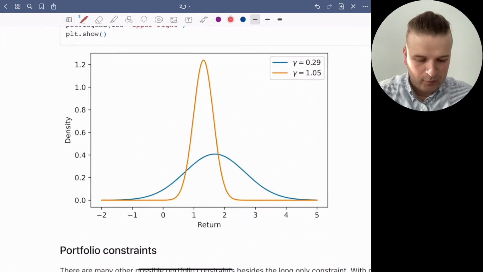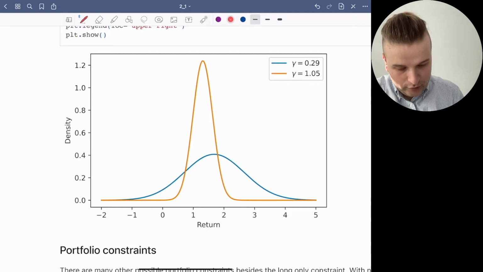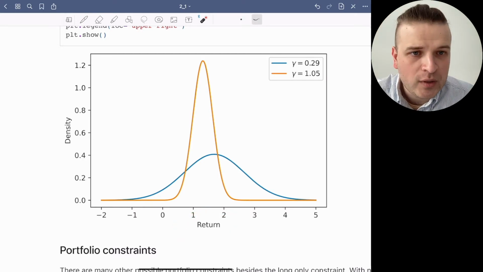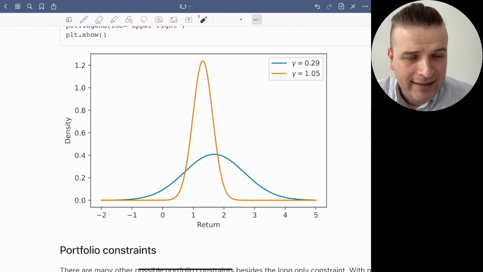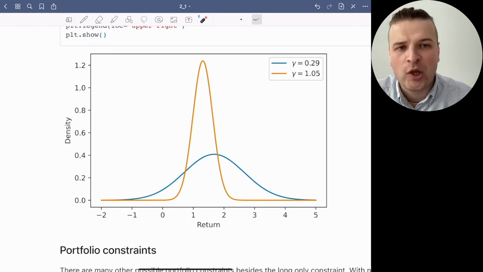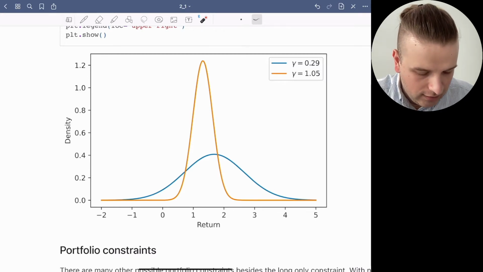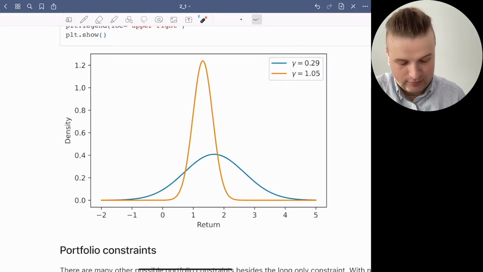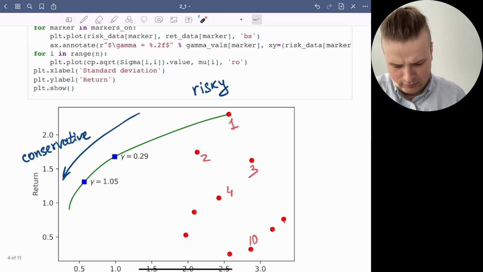Let's take a look at the plot of how your return is distributed with different values of gamma. And as we said, the lower the gamma, the more tolerant to the risk you are. Here is the blue line.